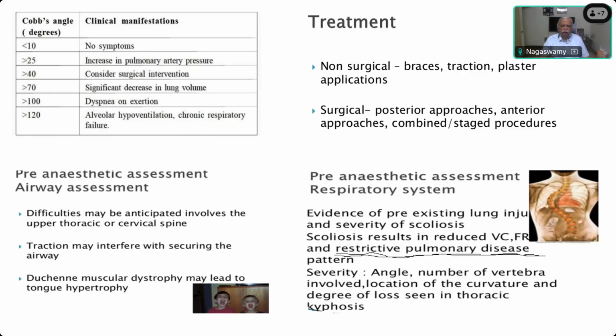And pre-anesthetic assessment of the respiratory system is very important. It usually causes a restrictive type of pulmonary disease with reduction in vital capacity and FRC. Severity, angle, and number of vertebrae involved will decide how many thoracic segments are involved, and that will give you an idea whether there will be respiratory restriction or not.